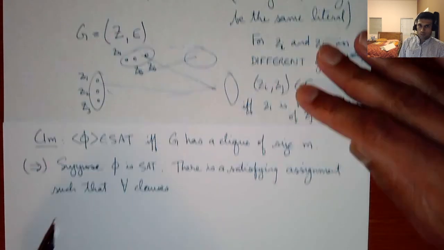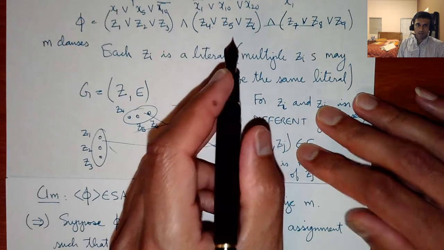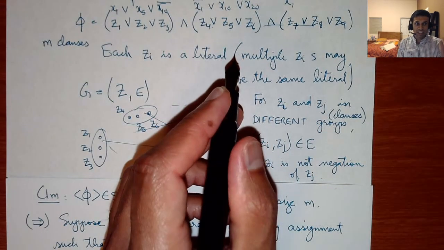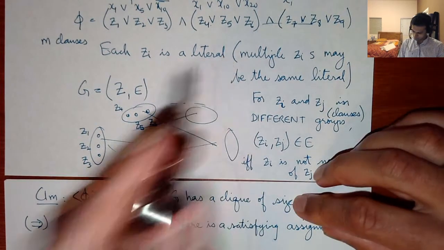note that the way this is structured, the kth clause has the z vertices 3k plus 1, 3k plus 2, and 3k plus 3.